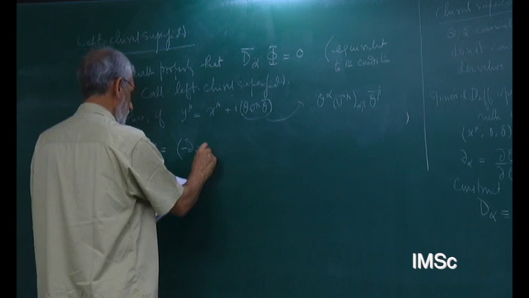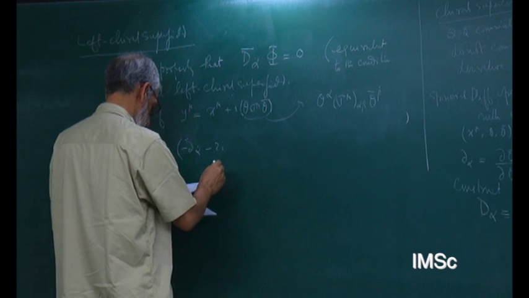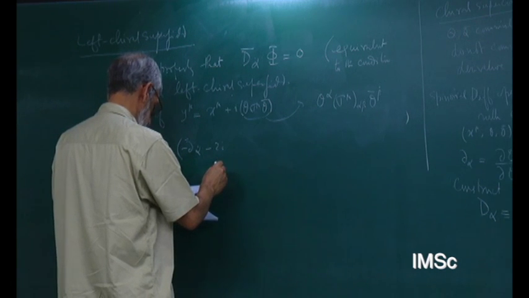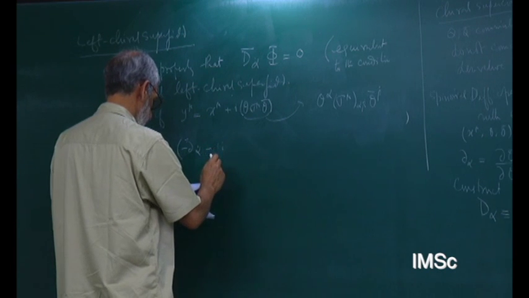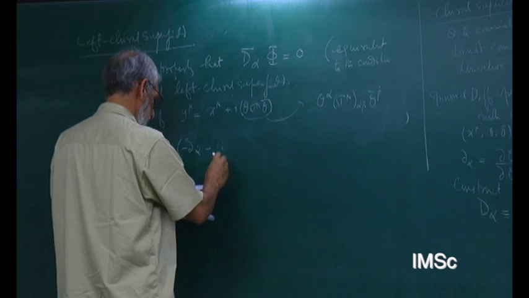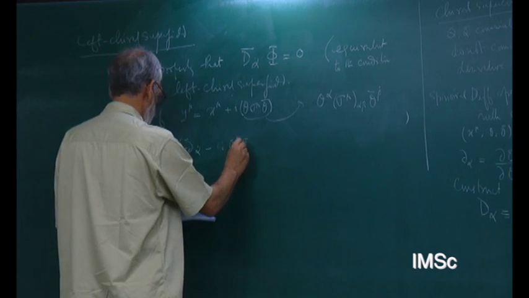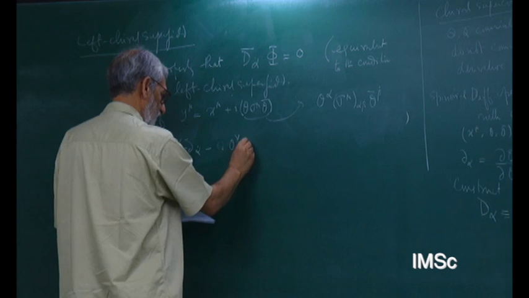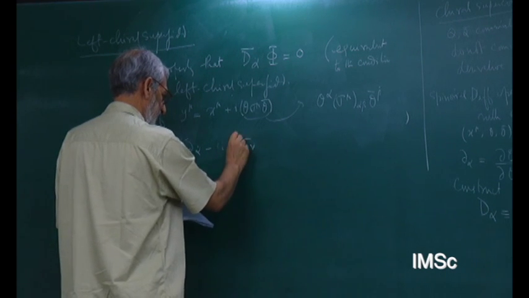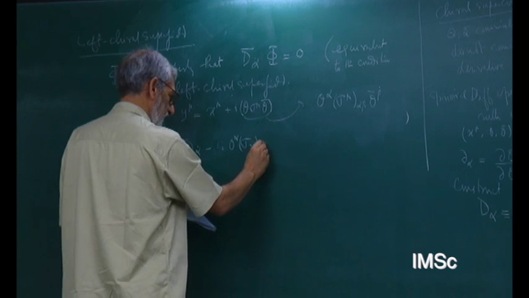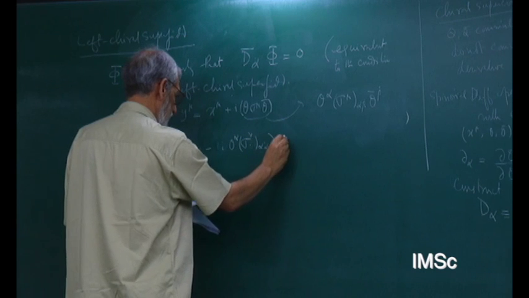D bar alpha dot is this, minus i theta nu sigma nu alpha alpha dot d nu.